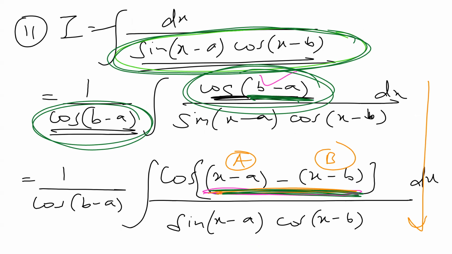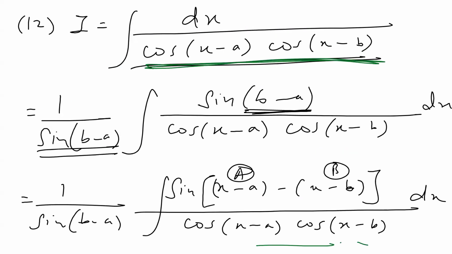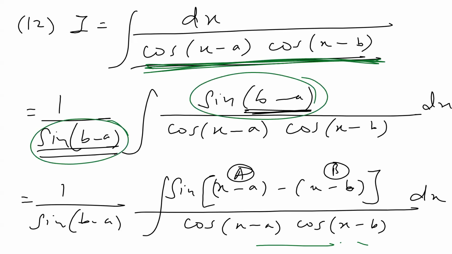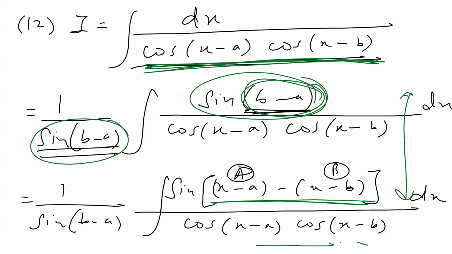And the other thing is, when it is cos cos or sine sine, we need to multiply and divide with sine b minus a, and then write b minus a as x minus a minus x minus b. Right. So these two steps you need to almost memorize, commit to memory, and then use the compound angle formula, split and solve. So that is the end of this particular exercise. Thank you.